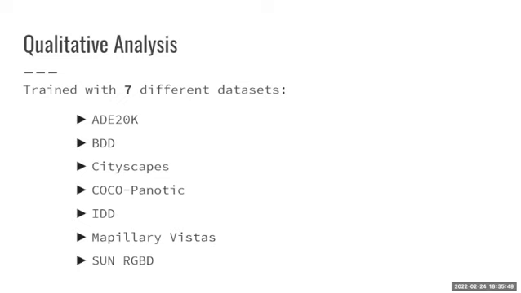For qualitative analysis, it is trained with seven different datasets. The first one is ADE20K, second is BDD, third is Cityscapes, then COCO Panoptic, IDD, Mapillary Vistas, and SUN RGB-D.